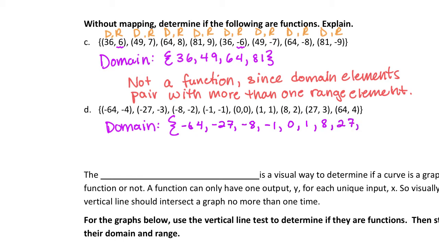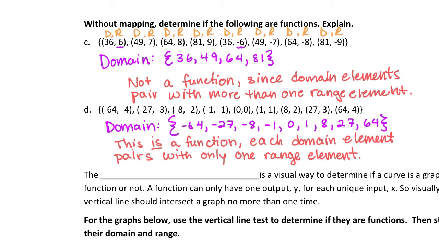Notice nothing's repeating here, and positive 64. Okay, so since nothing repeated, that means that each value in the domain has a unique output partner, a unique range value. So this is a function. So for our explanation, this is a function since each domain element pairs with only one range element.